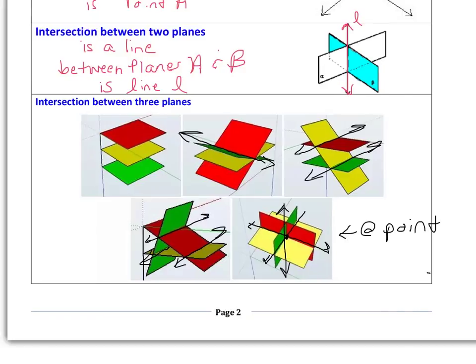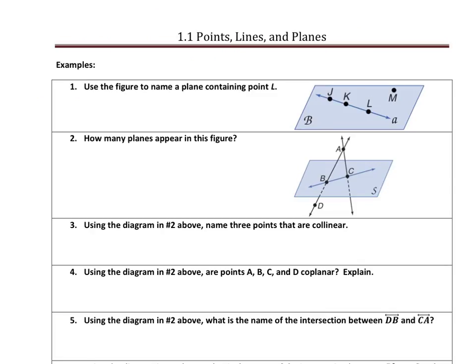Okay, and I put together some examples here to help you with your homework. Example 1, we've got a diagram, and let's just identify some of the things that are on that diagram here. We've got a plane, cursive B. We've got 4 points on that plane.